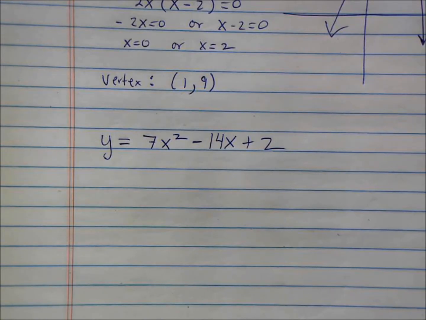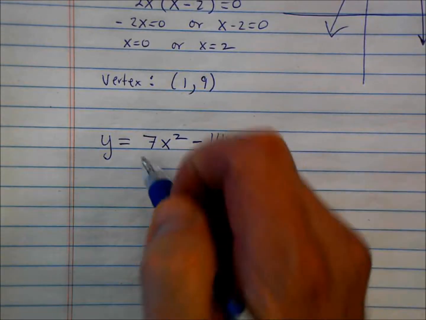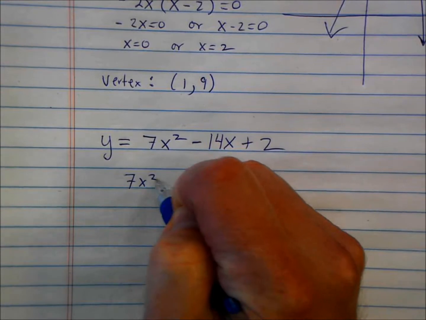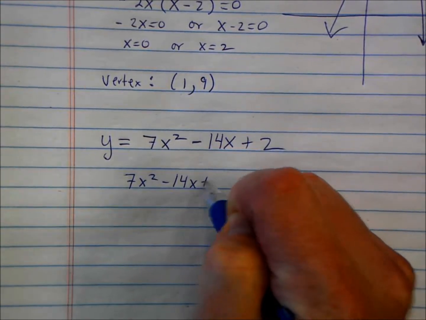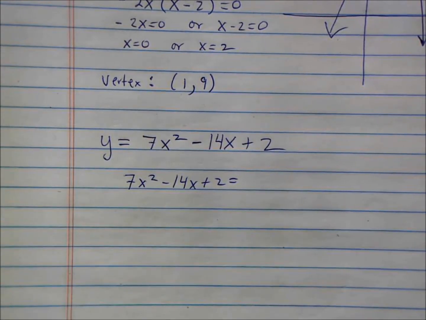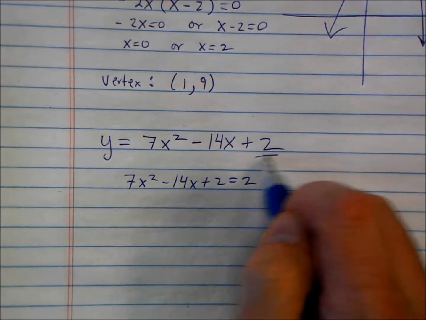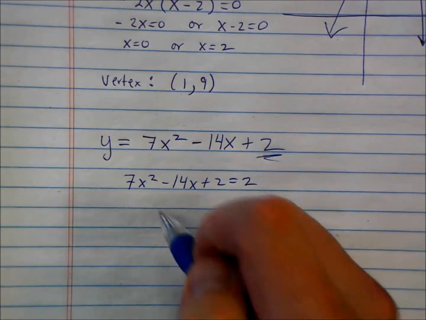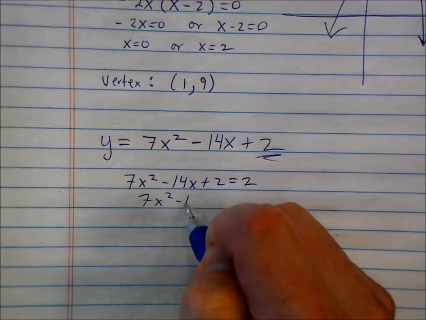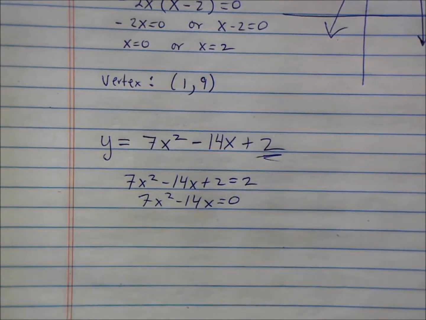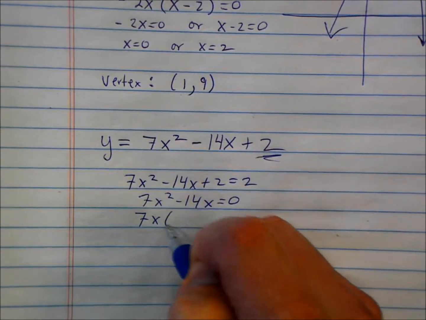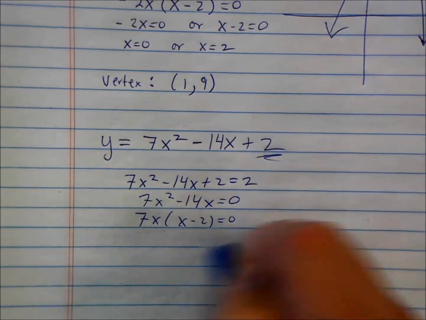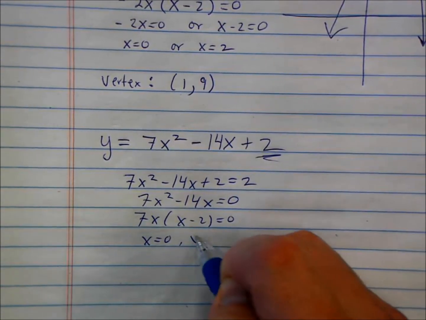All right, so it looked like pretty much everybody had this. You took 7x squared minus 14x plus 2, and you set it equal to 2. You always set it equal to whatever the constant is. That gave you 7x squared minus 14x is 0. You factored out the 7x. You got x equals 0, x equals 2.